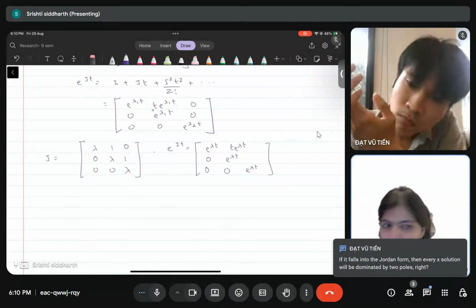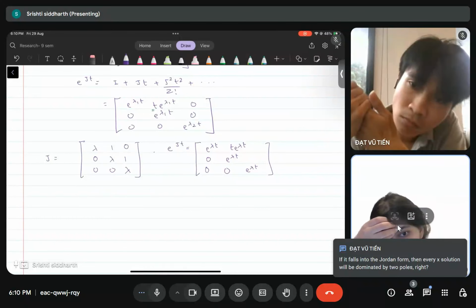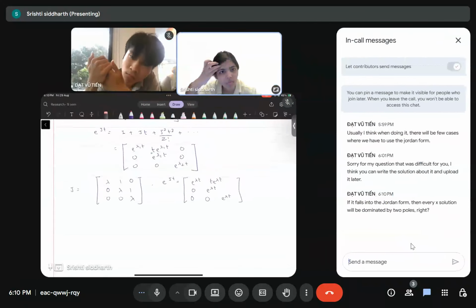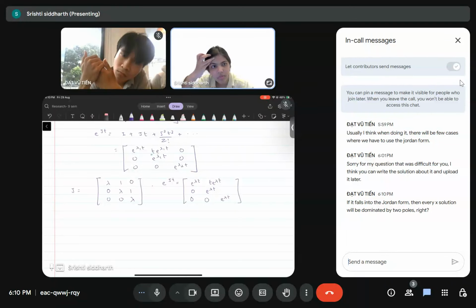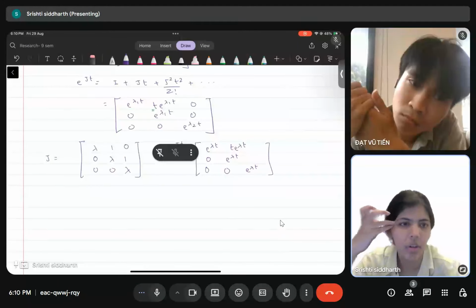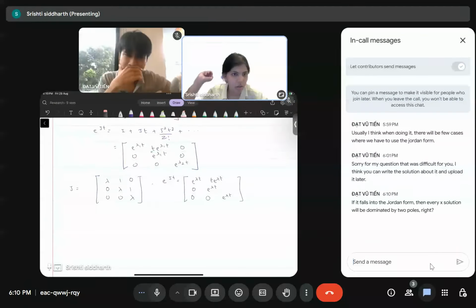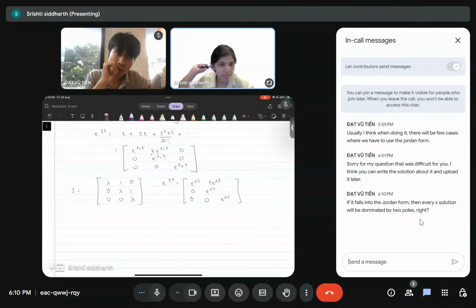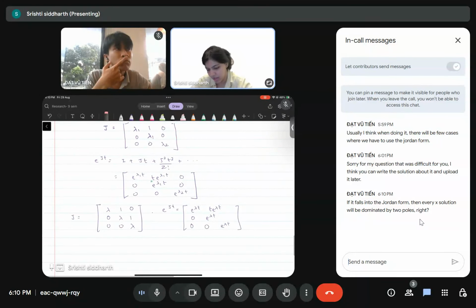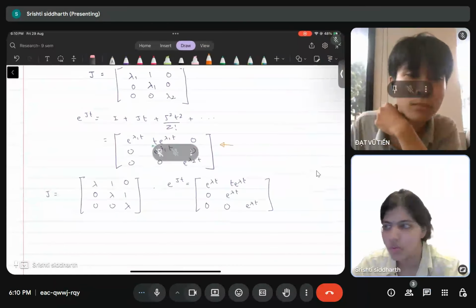So, this was, yeah, for a third order system, you mean, right? If it's two repeating eigenvalues, in this case, right? Yeah. Then it would be lambda 1 and lambda 2.